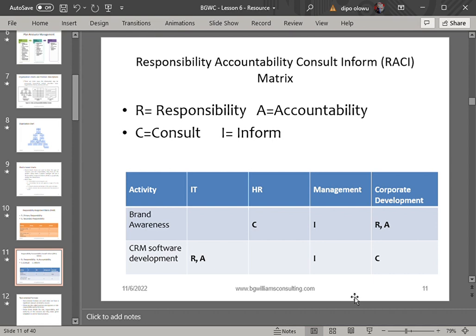So also in the second activity, which is CRM software development, you can see that the responsibility is on the IT department. So they are responsible for developing the software, and they are also accountable for signing off the software.